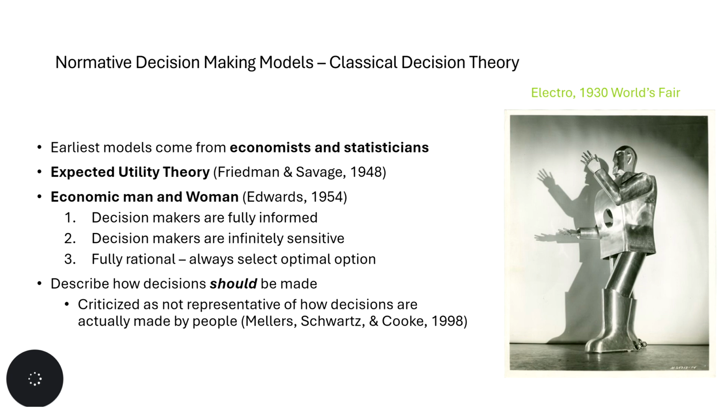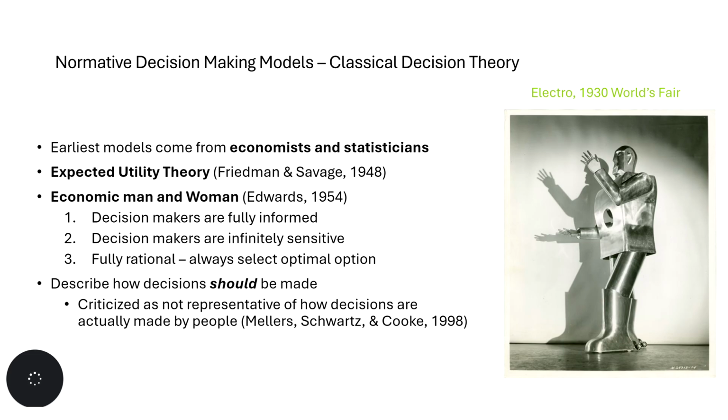So we have expected utility theory, where it's assumed that people make decisions based on some expected utility. Then you had the economic man and woman theory, which made three key assumptions about decision making that will be very familiar if you've taken an economics course. It assumes that decision makers are fully informed, they are infinitely sensitive, and they're fully rational. So they will always select the optimal option when presented that way. And it tends to describe how decisions should be made.